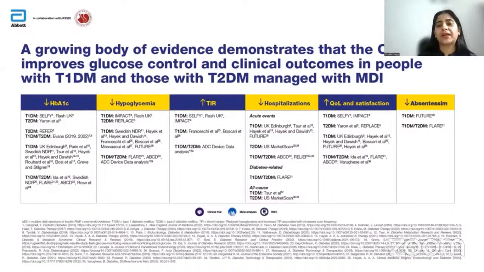And this eventually translates into reduced absenteeism from work. So you have all these different studies that are actual data convincing us on how CGM has revolutionized the way we are monitoring and treating our patients.